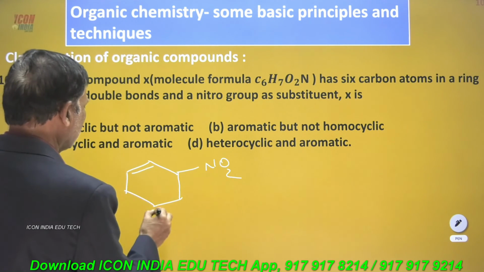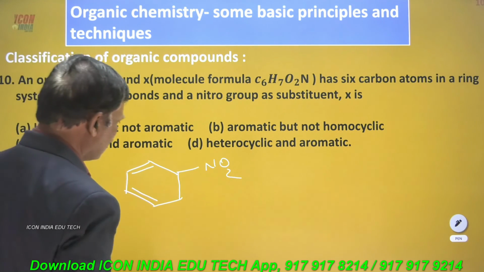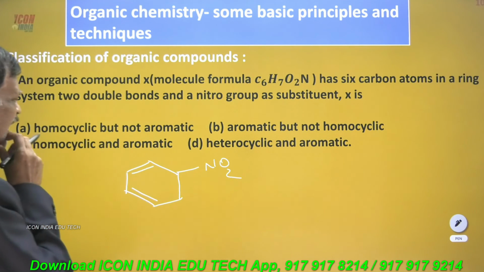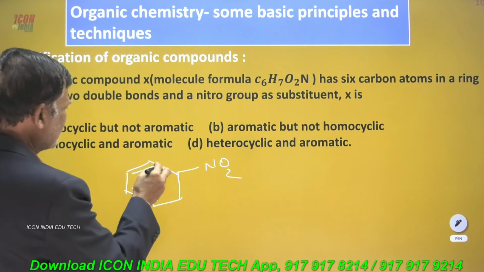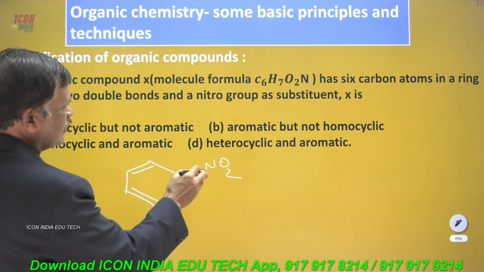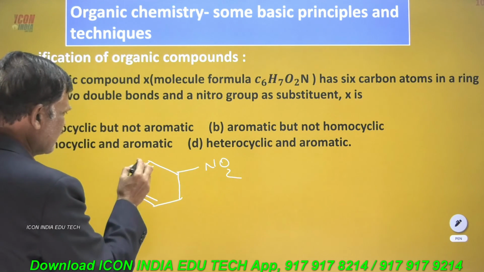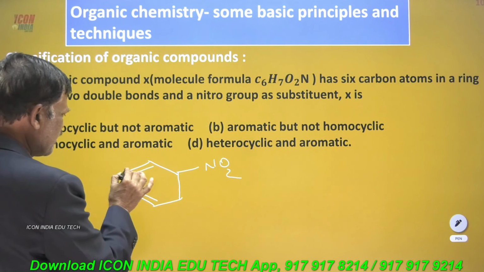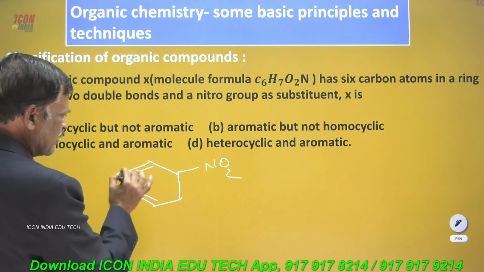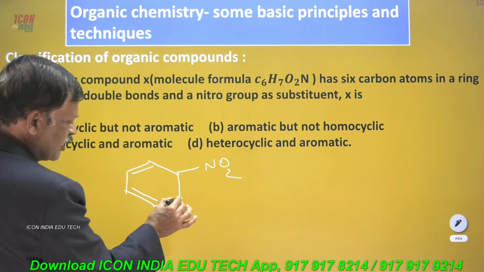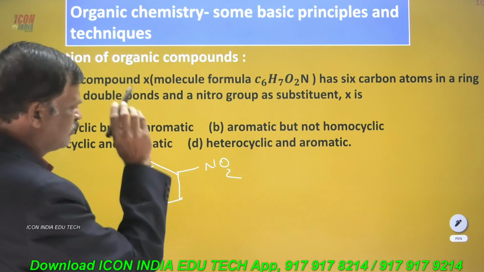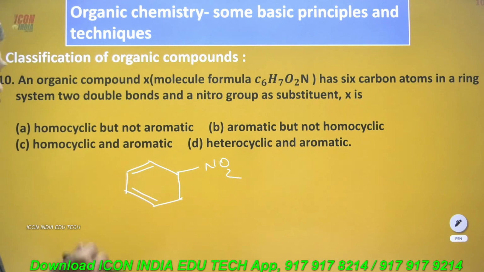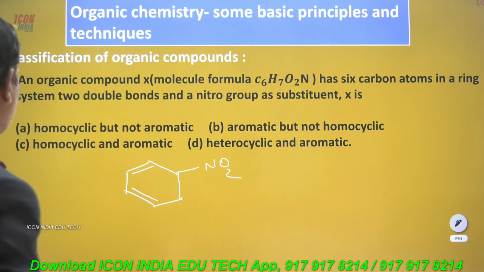Here 1 double bond, here 1 double bond. And verify how many hydrogens there are. 6 carbons in the ring, 1 substituent NO2. From here H, 4 hydrogens. Here 2, CH2 is there. So 6. Here 1 hydrogen, 7. Perfect. So the structure satisfies the given formula.